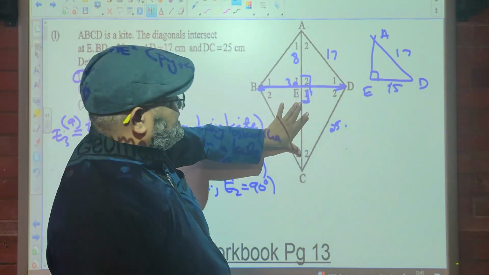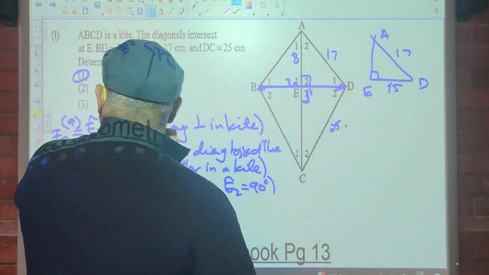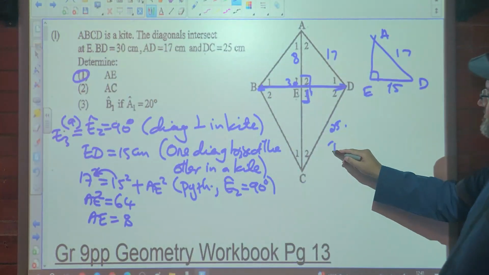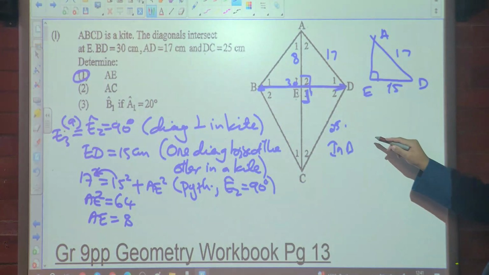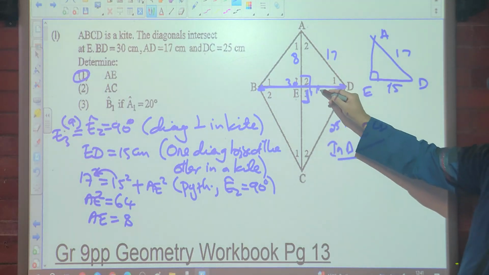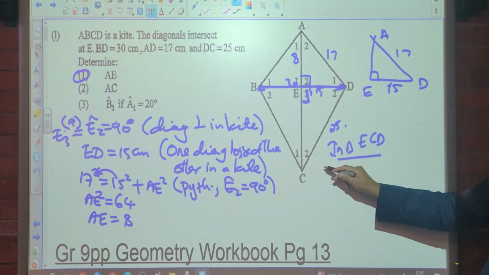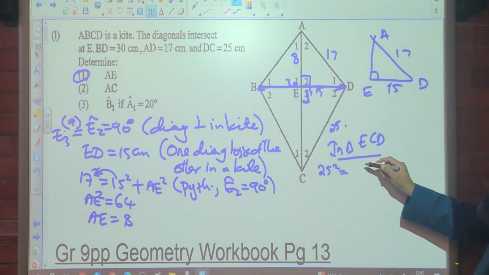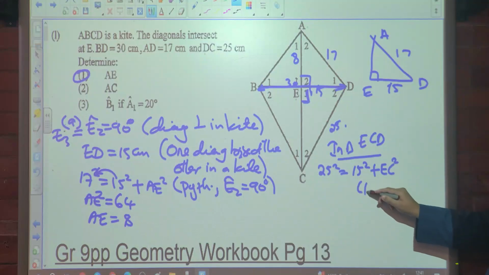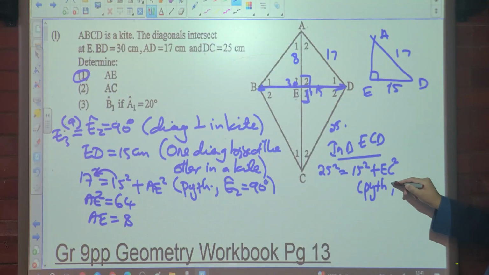Is AE the same as EC? No, not in a kite. So what do I say? In triangle ECD now, in this triangle, remember that was 15. So I can say 25 squared is equal to 15 squared plus EC squared. Why? Pythagoras with angle E3 equals 90 degrees.